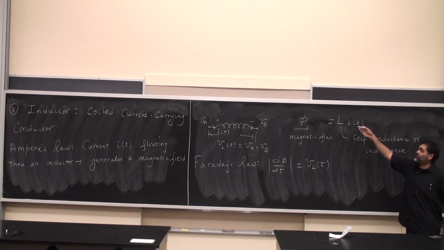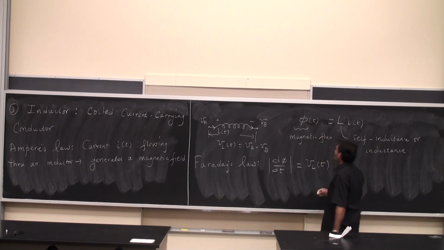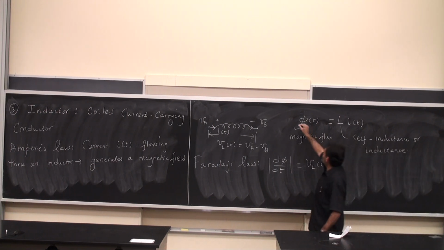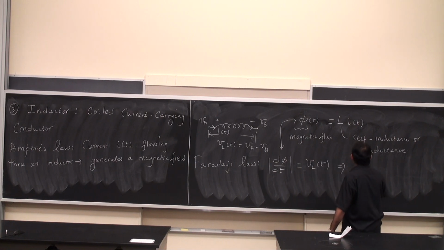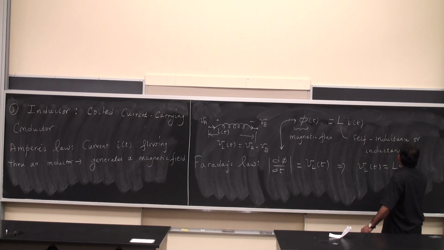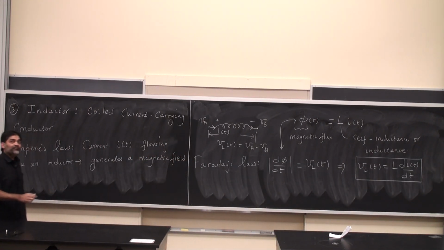We're going to substitute for phi, this is phi of t. If I do the substitution for phi, d phi by dt is L di by dt. So substitute, which tells me that VL equals L di by dt. This is the current-voltage relationship in the time domain for an inductor.